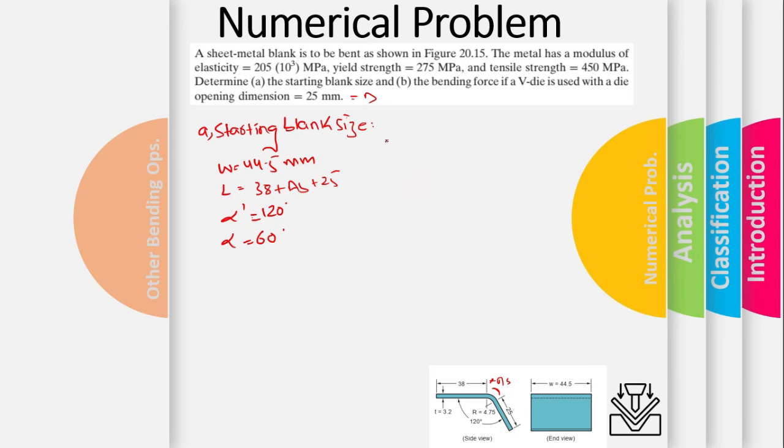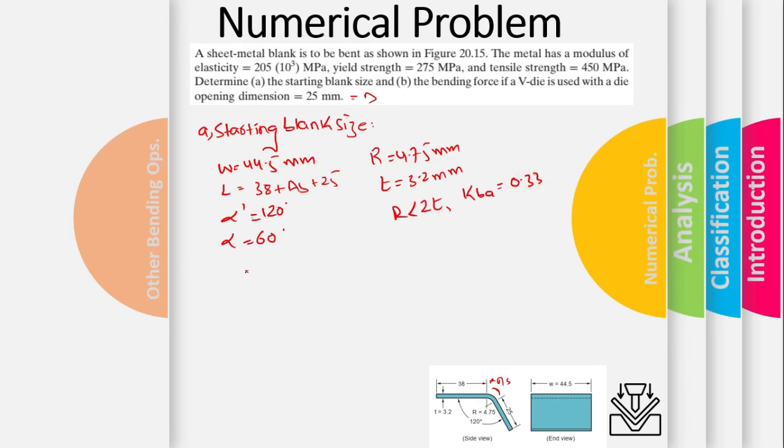As we know, R equals 4.75 millimeters, while the stock thickness is equal to 3.2 millimeters. So R is less than 2T, so the value of KBA, the bend allowance constant, would be equal to 0.33, right?